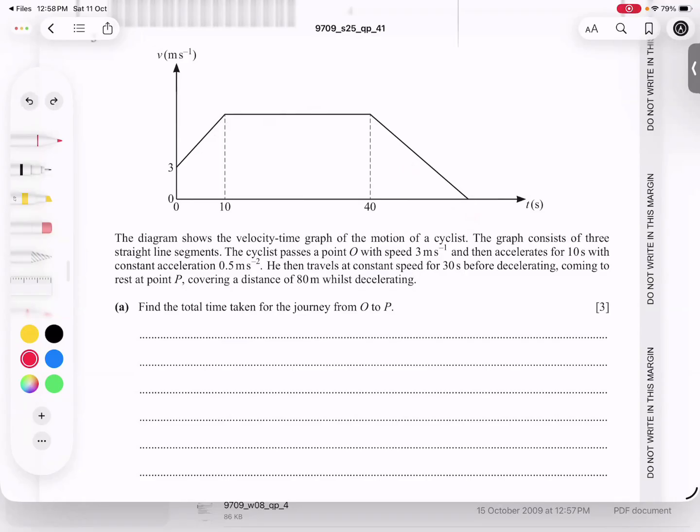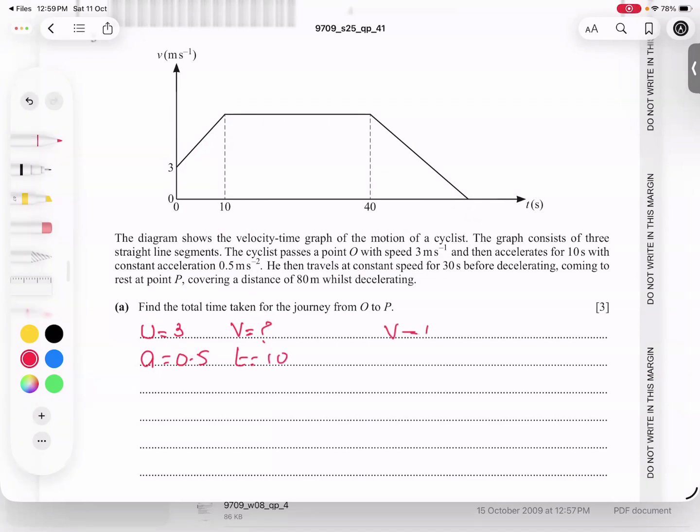First of all, I need to find this speed. Here all the data is given for this motion. This 3 is called the starting velocity. The final velocity is what I want to find. Acceleration is 0.5, and the time you know very well, 10 seconds.